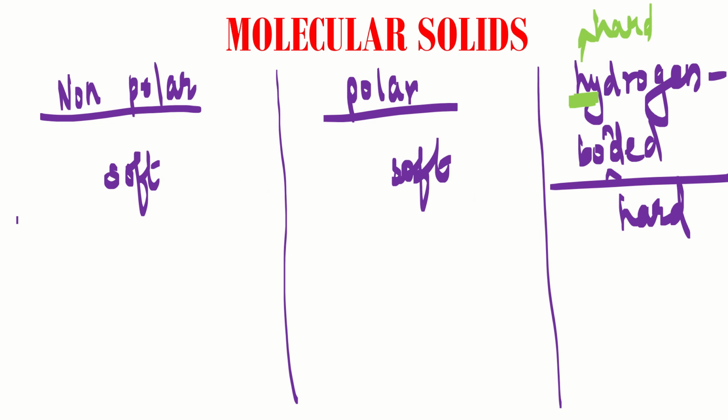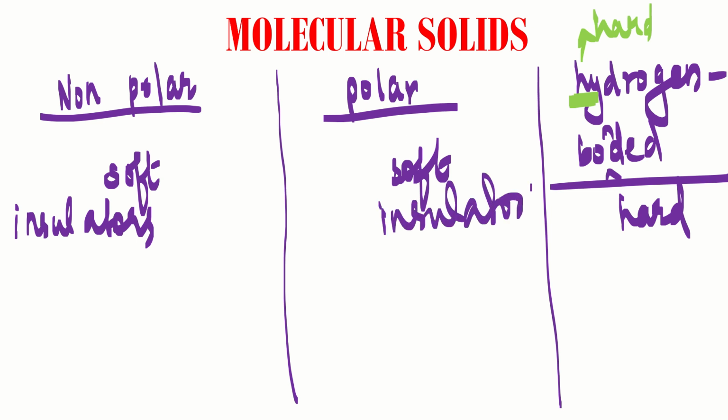Then non-polar solids are insulators of electricity. Polar is also an insulator of electricity. Hydrogen bonded ones are also insulators. Now conductivity is over.